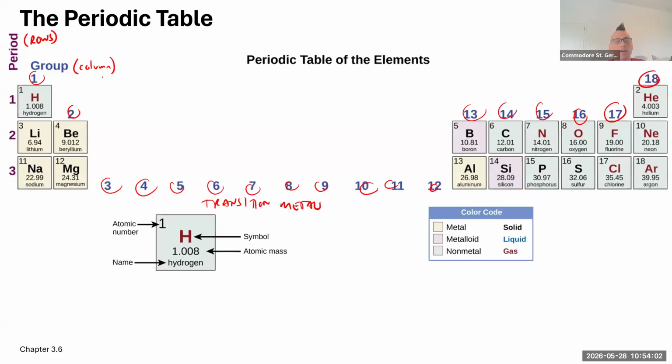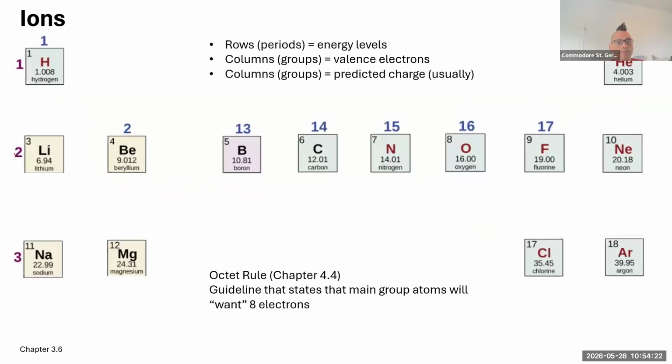Now we're going to see some similarities of elements within the same period. We're going to see similarities of elements that are within the same group, in the same column, right? So it's going to tell us a lot of information. So let's pay attention to these different trends and what they'll tell us.